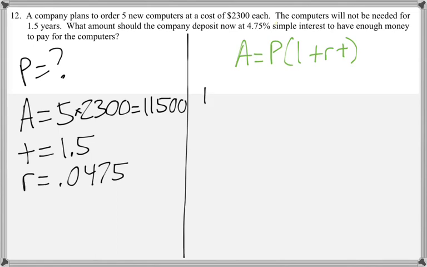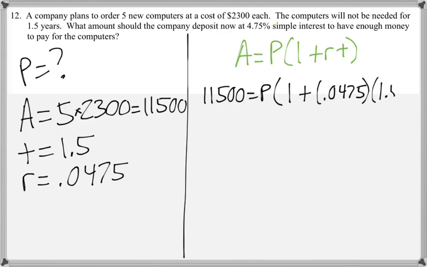So we have 11,500 is equal to P times (1 plus 0.0475 times 1.5). So let's calculate what this is equal to.